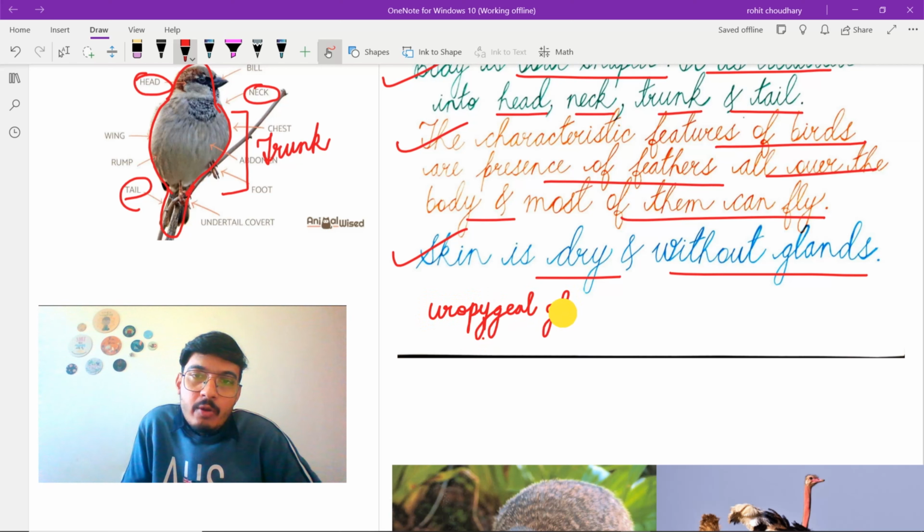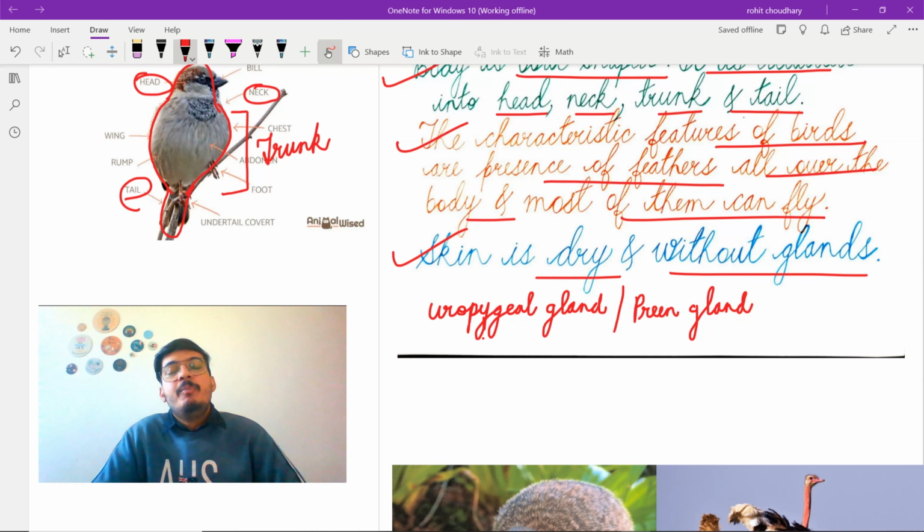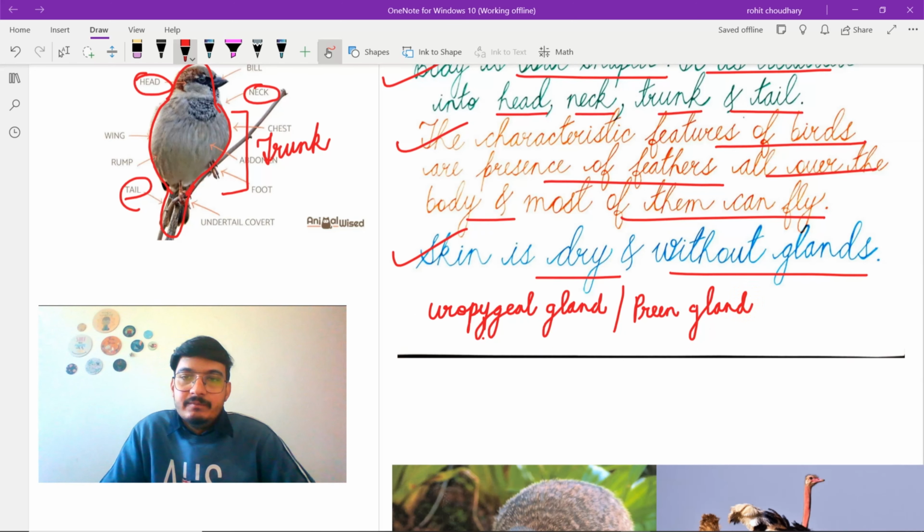This uropygial gland is also known as preen gland and it is located at the base of the tail and it secretes oil and it lubricates the feathers.